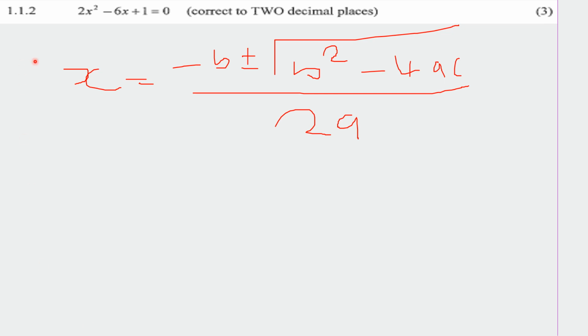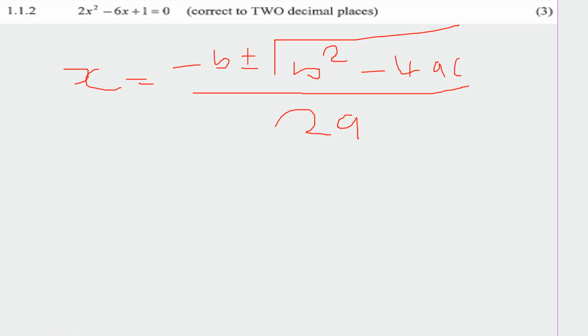Now remember, this is your quadratic formula, where the coefficient of x squared is a, the coefficient of x is b, and the constant is c. So basically in our quadratic formula, we have a, b, and c. We have to substitute the values, and then we get our answers.